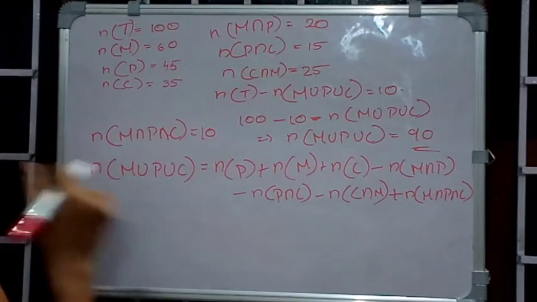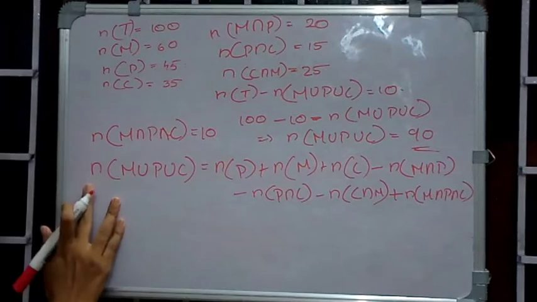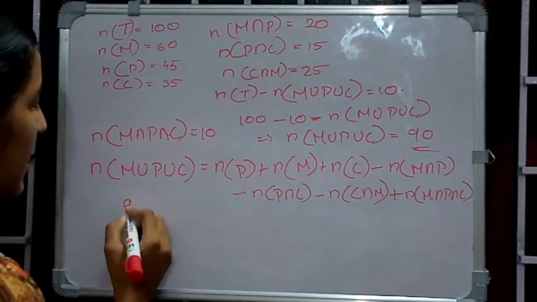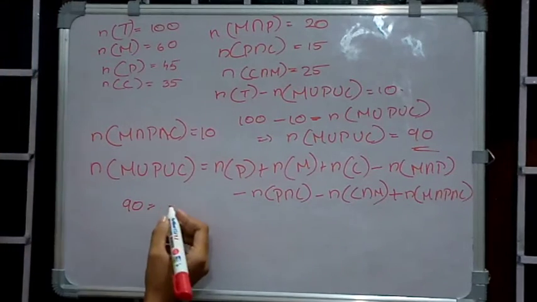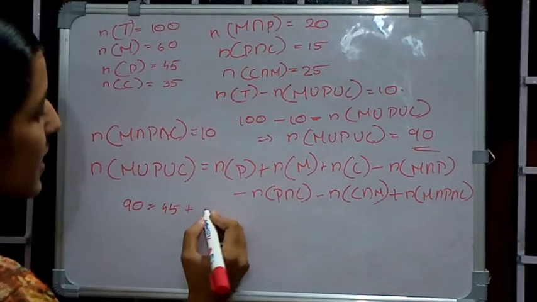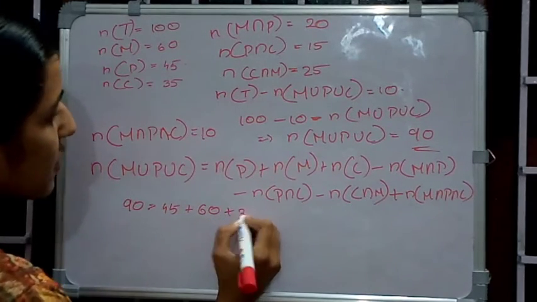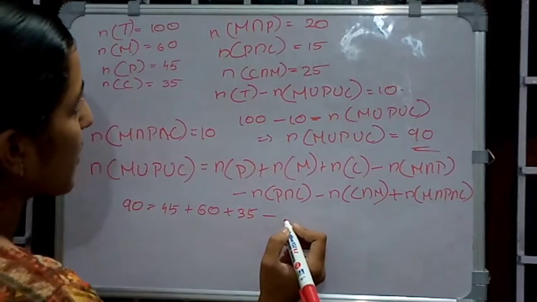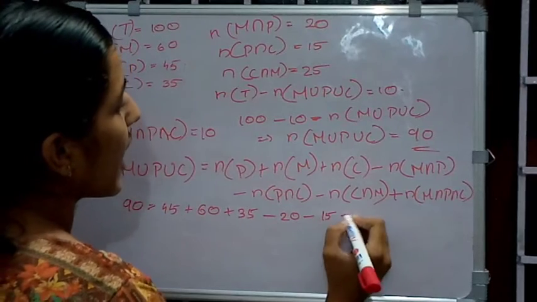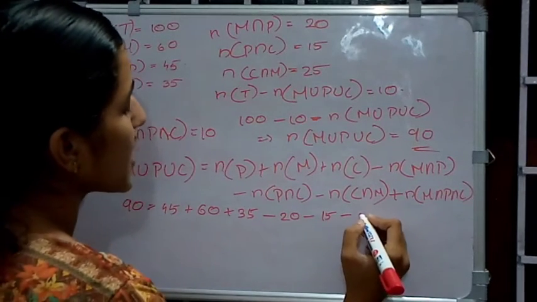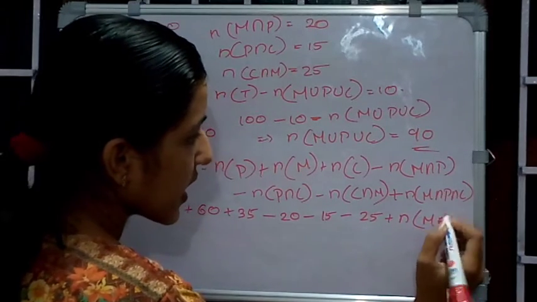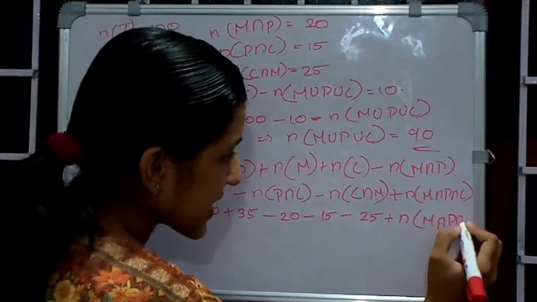Let's substitute the values: 90 equals n of P is 45 plus n of M is 60 plus n of C is 35 minus n of M intersection P is 20, minus n of P intersection C is 15, minus n of C intersection M is 25, plus the last one, which is the quantity we have to find, n of M intersection P intersection C.